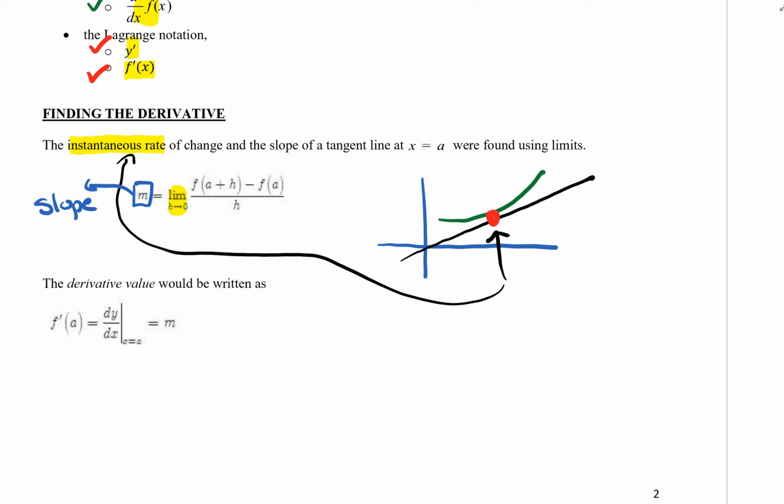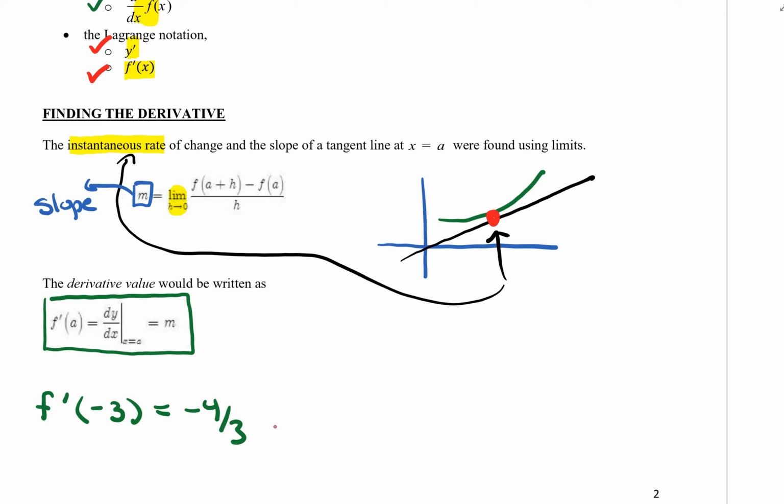And another type of notation out there, if you want to find the derivative value, is this notation right here. I believe in my very first example, what I wrote was f prime of negative 3 equals negative 4 over 3.